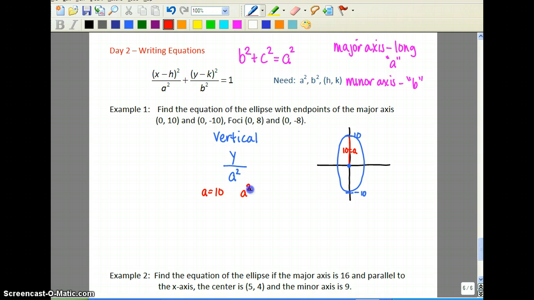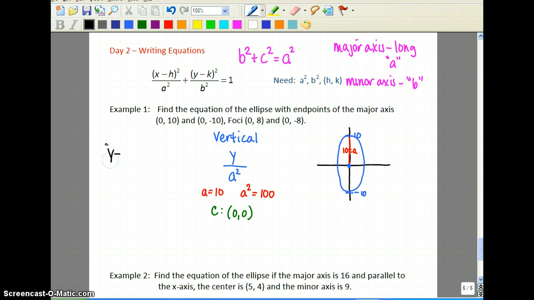We need a squared, so we would use 100. We can also tell from this picture that the midpoint of that line has to be at 0, 0. So the center has to be 0, 0 for our ellipse. So far we know that the y goes above the a squared, and 0, 0 is the center.